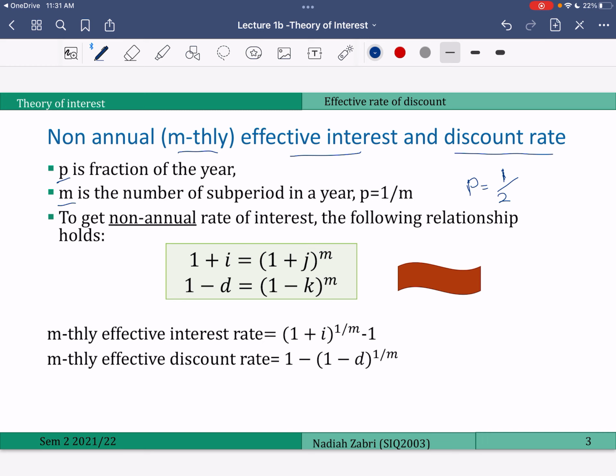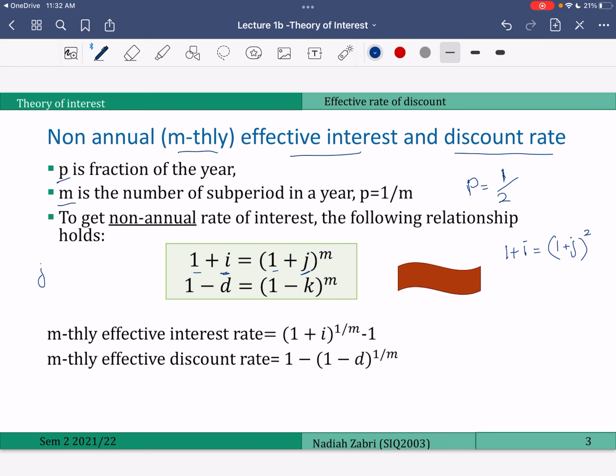Okay, so to get the non-annual rate of interest, let's say we call it J, the following relationship will hold. 1 plus the annual I is equal to 1 plus the fractional I, which is J, to the power of M. Let's see an example for the semi-annual period. So 1 plus the annual I is equal to 1 plus semi-annual interest, which is J, to the power of 2.